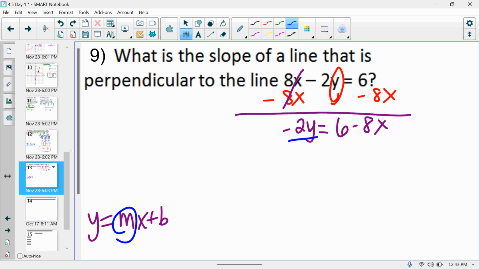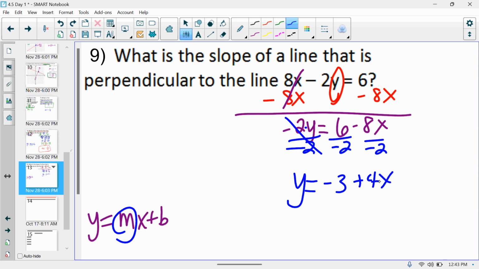So divide, put your dot in there if you need to. Opposite of multiplication is division. 6 divided by negative 2 is negative 3. Don't forget that you're doing negative 8 divided by negative 2. That's positive 4x. You might want to write the positive 4x first because 4 is the slope, right?